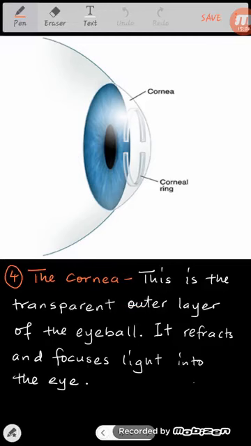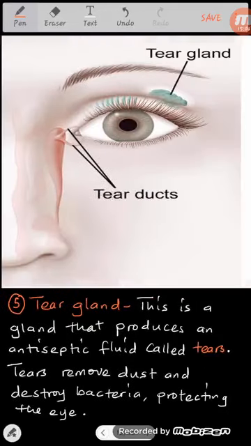Once you've understood the cornea, you must now look at the last part of the eye that we're going to learn, which is just the tear gland. So this tear gland is found here on the eyebrow. This tear gland produces an antiseptic fluid that we call tears. Now these tears play a very important function when it comes to eyes.